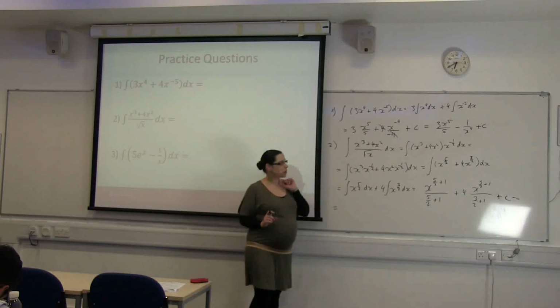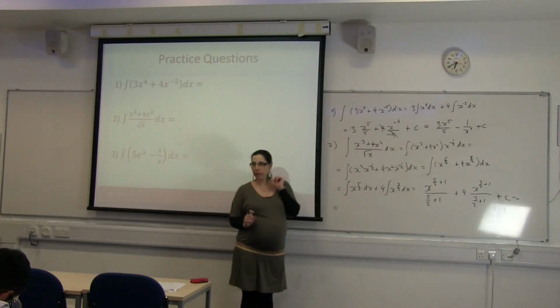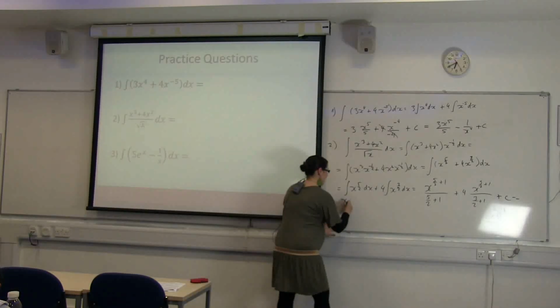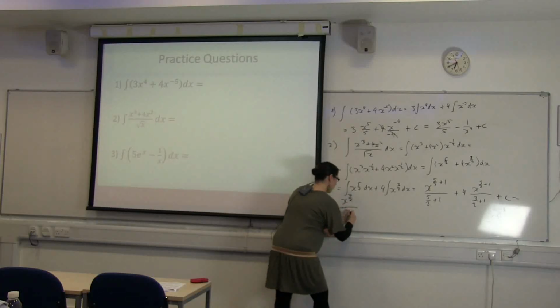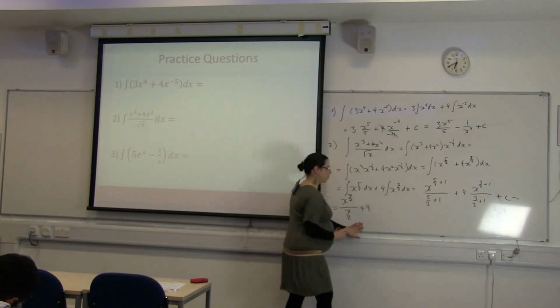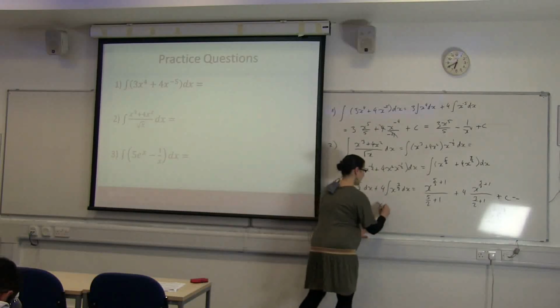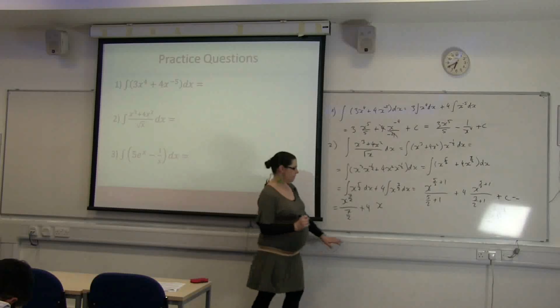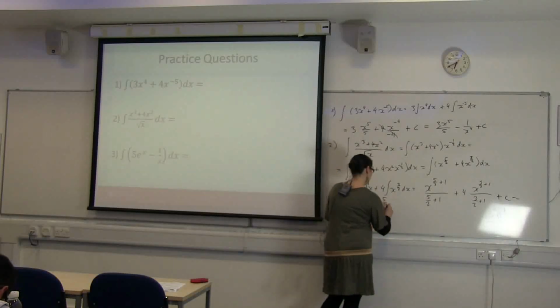Okay, 5 over 2 plus 1 is 7 over 2. So x will be to the 7 over 2, over 7 over 2. That's the first term. The second term, 4 times, what will be the power of x? 5 over 2, over 5 over 2, plus c.